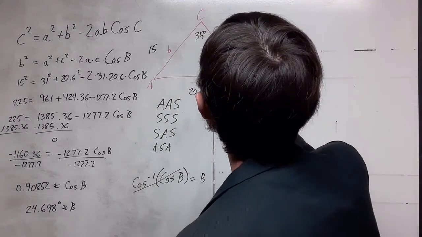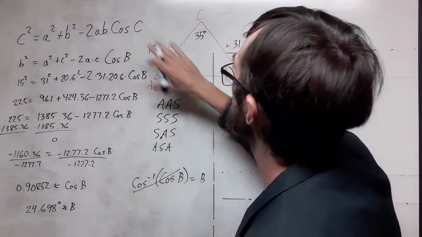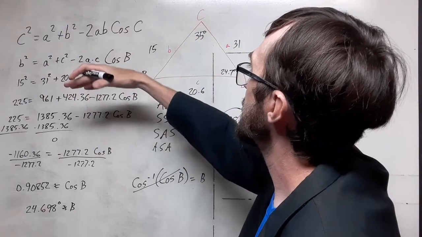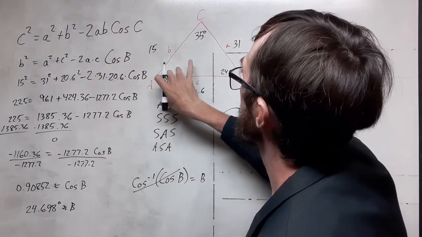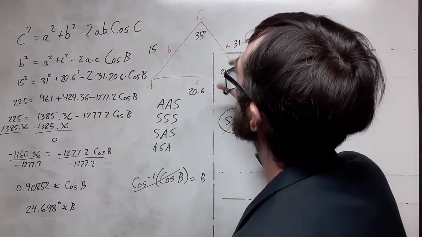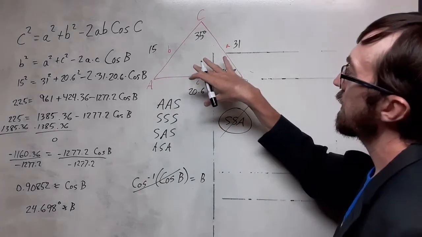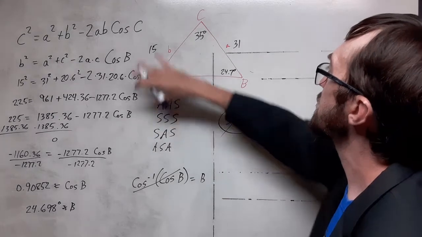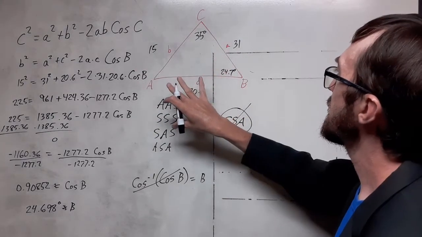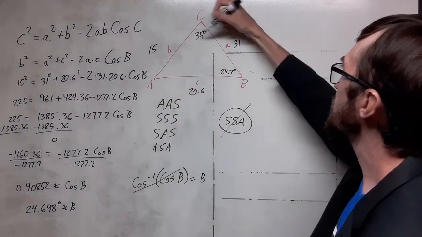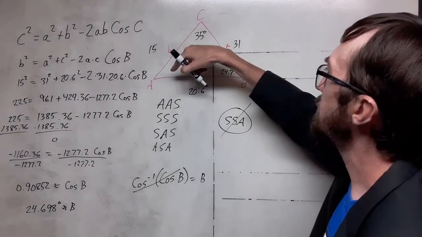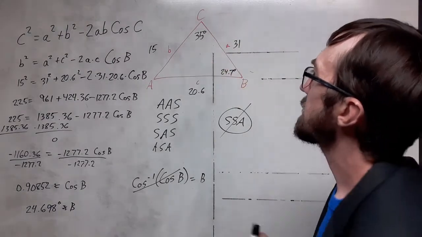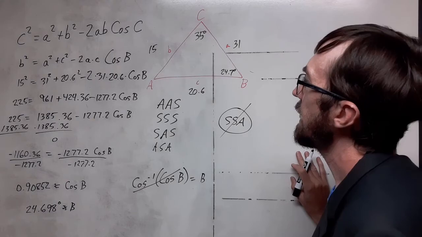And we can use the other version of the law of cosines if we want to find A. We could also use the triangle angle sum theorem from geometry to find this, because we know there's 180 degrees in a planar triangle. So we can subtract these two from 180 degrees to get this last angle.